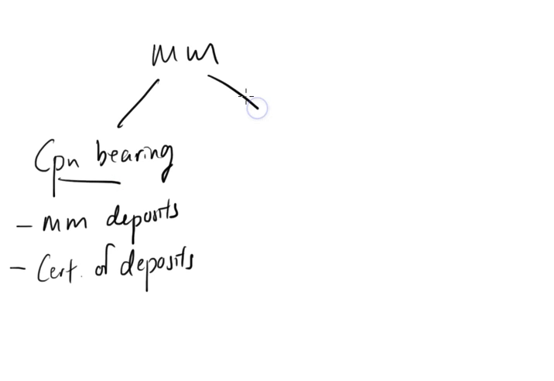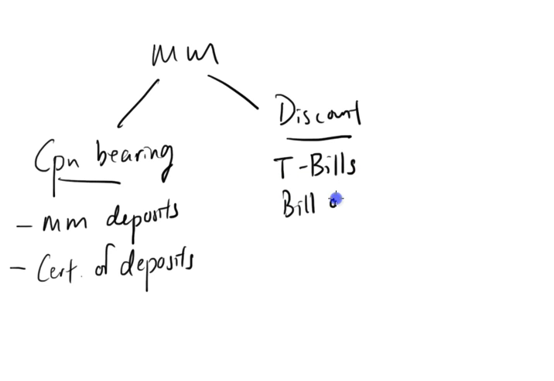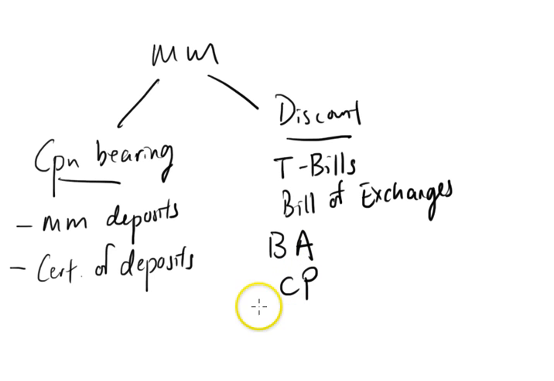The other is on a discounted basis, where you have treasury bills, bill of exchanges, banker's acceptance, and commercial papers.